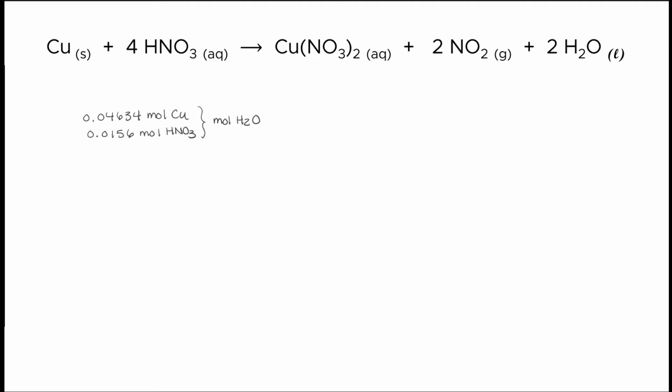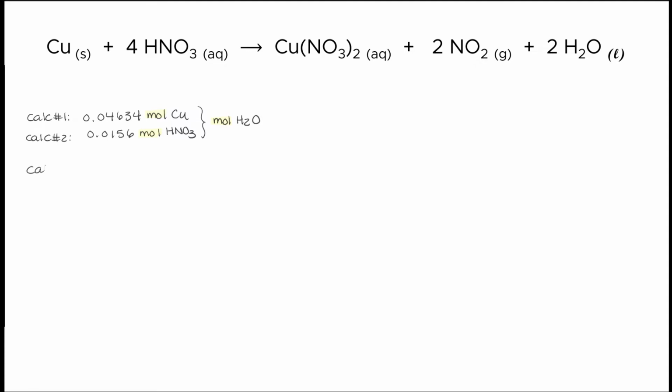So the first thing we do is take a look at the units given in the problem. Our reactants are both given in moles, and the product is given in moles, so we don't need a molar mass for any of them. Remember that with limiting reactant problems, we have to do the calculation twice. So calculation number 1 will be starting with copper, and calculation number 2 will start with nitric acid.